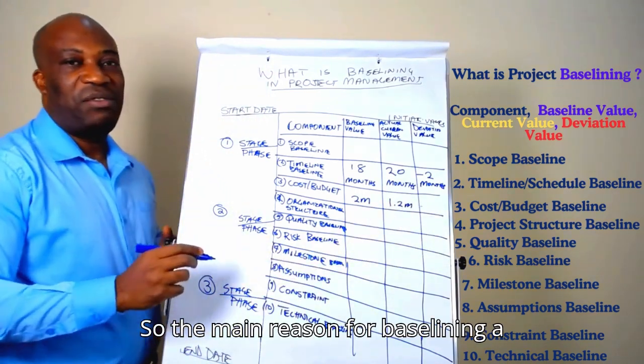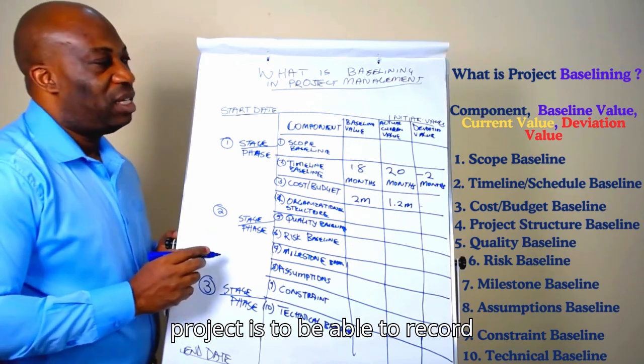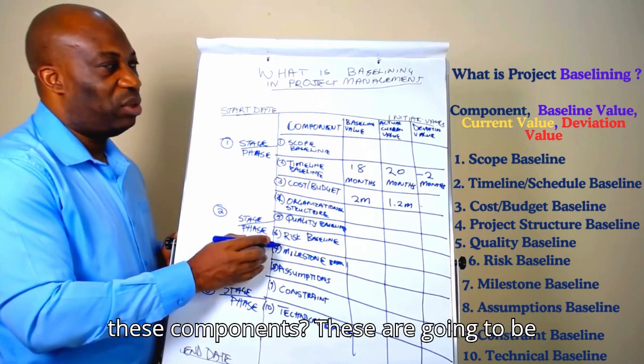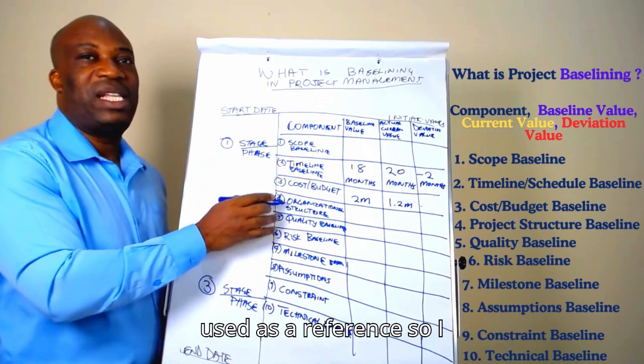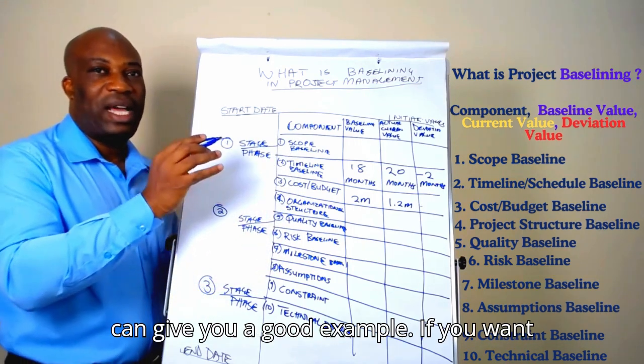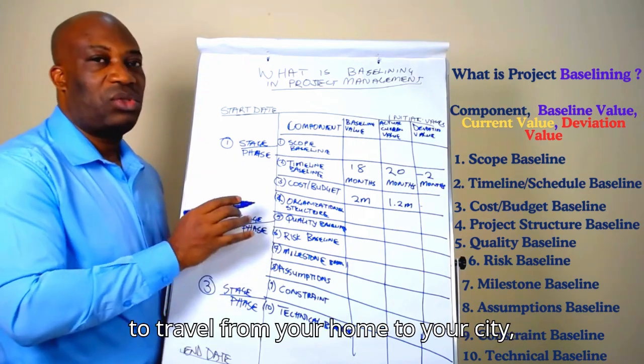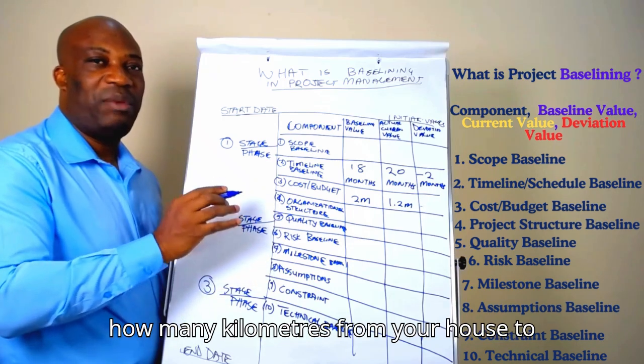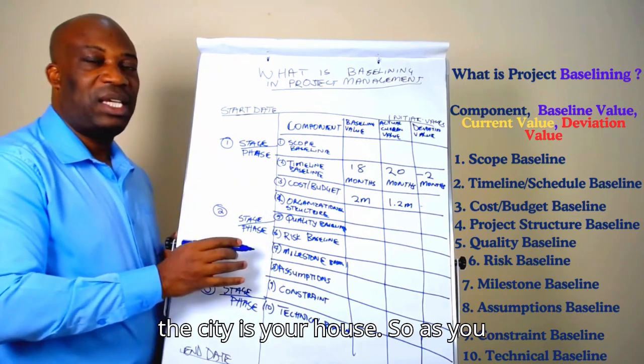So the main reason for baselining a project is to be able to record these components. Why are we recording these components? These are going to be used as a reference. So I can give you a good example. If you want to travel from your home to your city, your starting point for you to measure how many kilometers from your house to the city is your house.